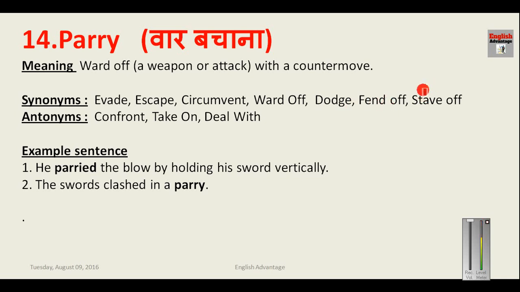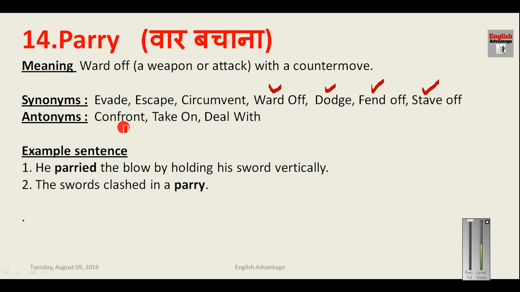I have included many phrasal verbs here because these verbs are extremely common for the SSC-CGL exam particularly. Stave off, fend off, dodge and ward off. These 3 phrasal verbs I have taken, and these are the antonyms: confront, take on and deal with.